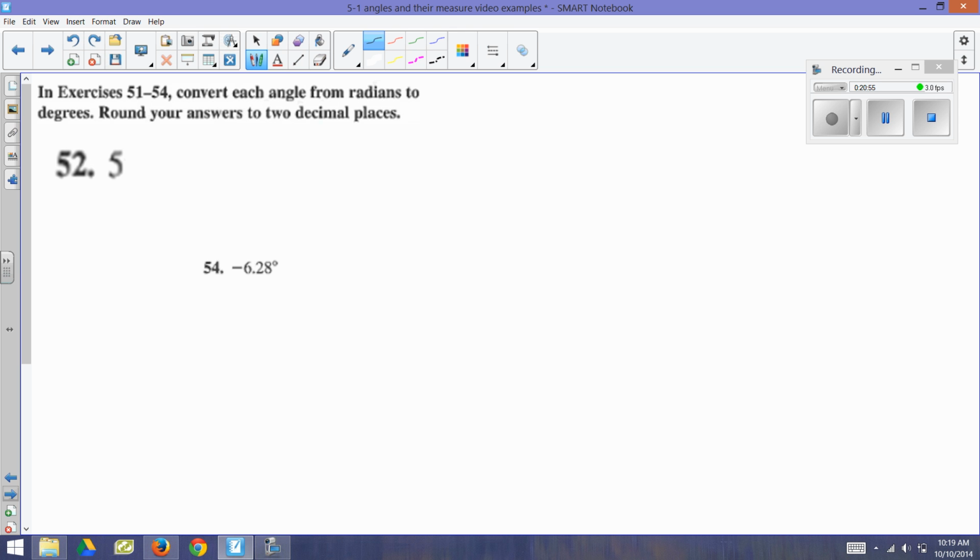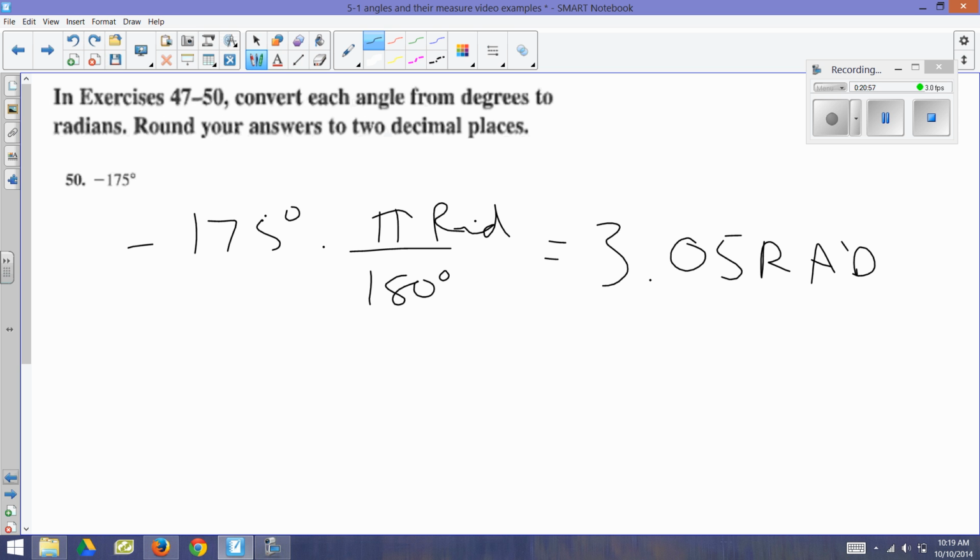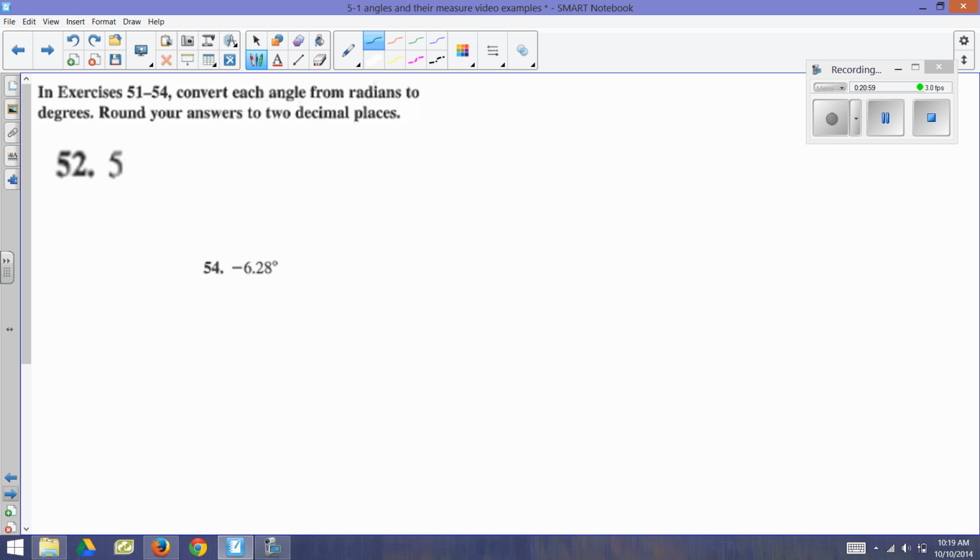52. Convert each angle from radians to degrees. So now, when I do this one, get rid of this. I don't know where that came from. I'll just do 52 for now. 5 radians.